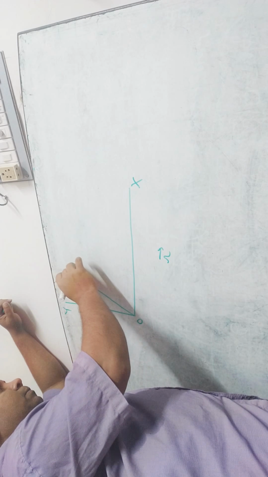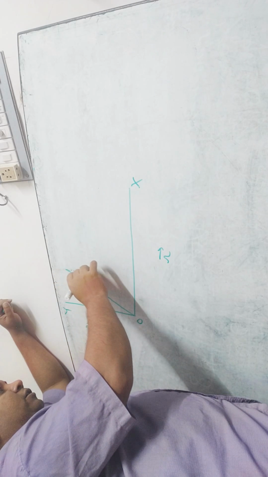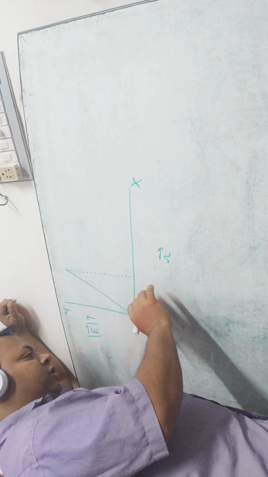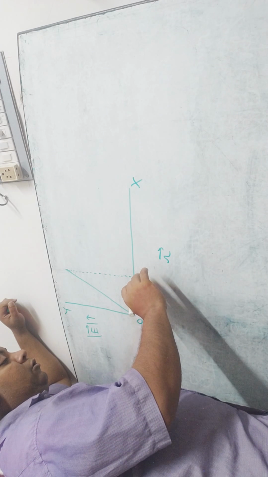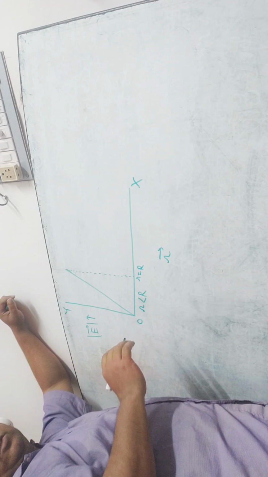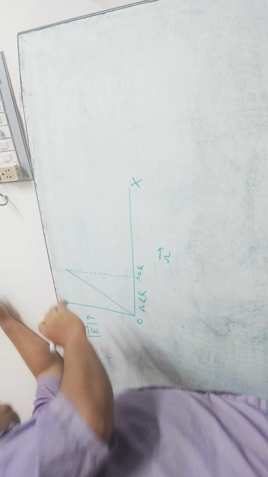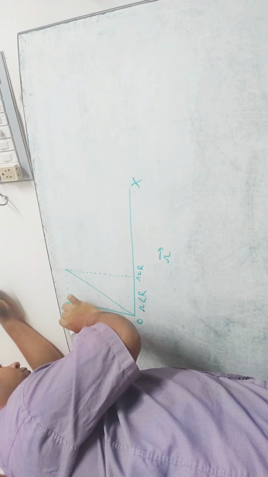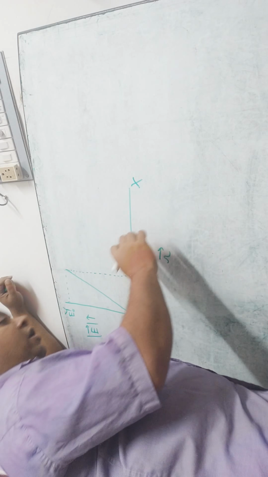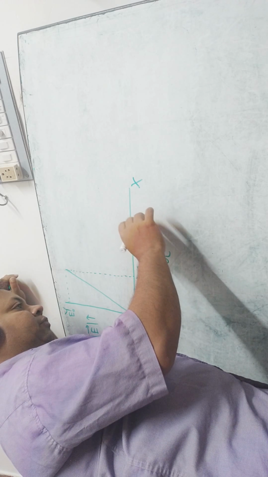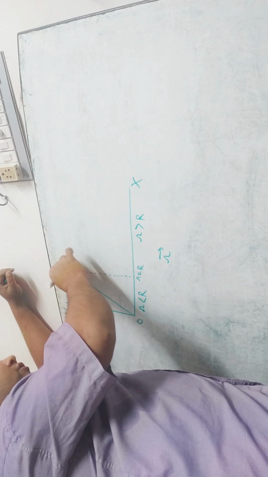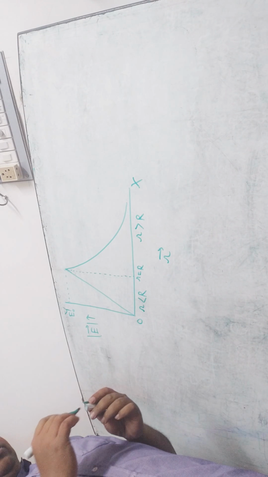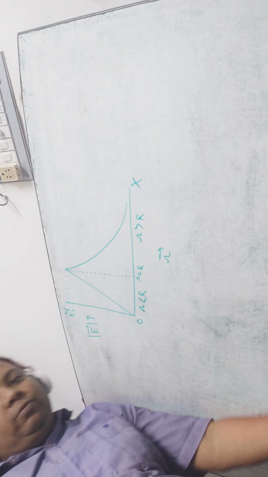Therefore, inside the sphere the graph is a straight line, where small r is less than capital R. On the surface of the sphere, the electric field intensity is maximum, equal to E0. After that, the electric field varies with the inverse square of the distance from the sphere. This is the graph of electric field versus position vector.